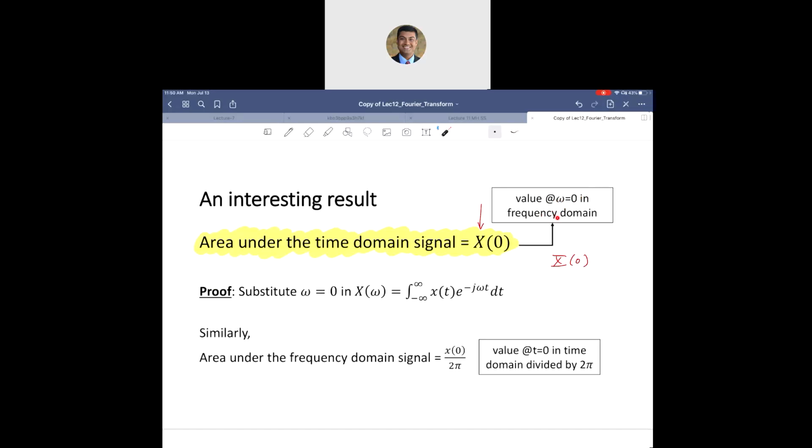The DC term, the value, is the area under the time domain signal. And we can quickly prove this. Just substitute omega equals 0 in our definition of the Fourier transform. What do you get? X of 0 equals the integral from negative infinity to infinity of x of t dt. So the area under x of t is the value in the frequency domain at omega equals 0.